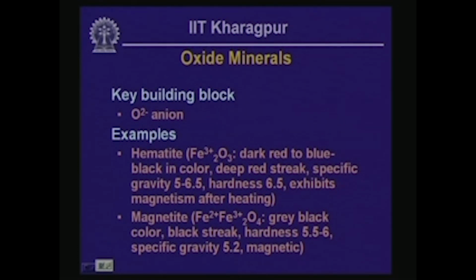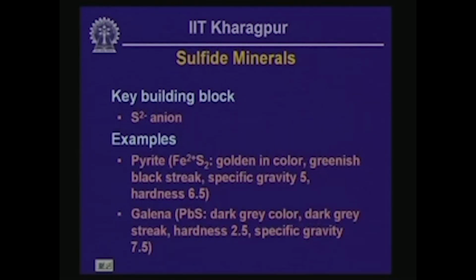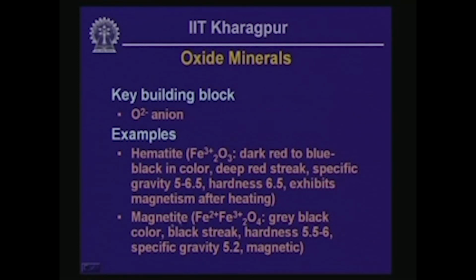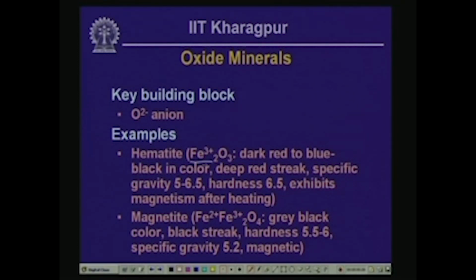Hematite has a chemical composition composed of trivalent iron, whereas magnetite has a chemical composition that has bivalent as well as trivalent iron in the chemical structure.